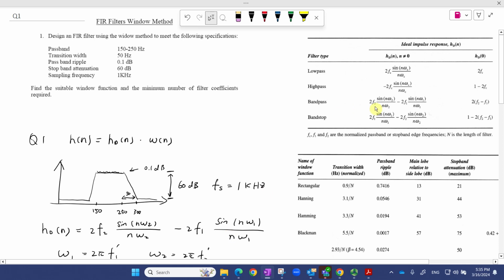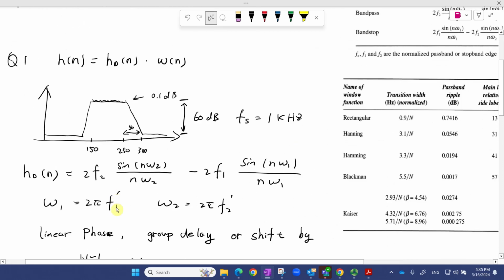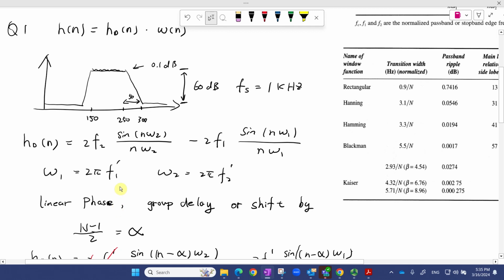There are two frequencies: F2, the cutoff frequency here, 250, and F1, which is 150. It's a cutoff frequency for each side. And there's another step we want to know: omega is 2 pi f.